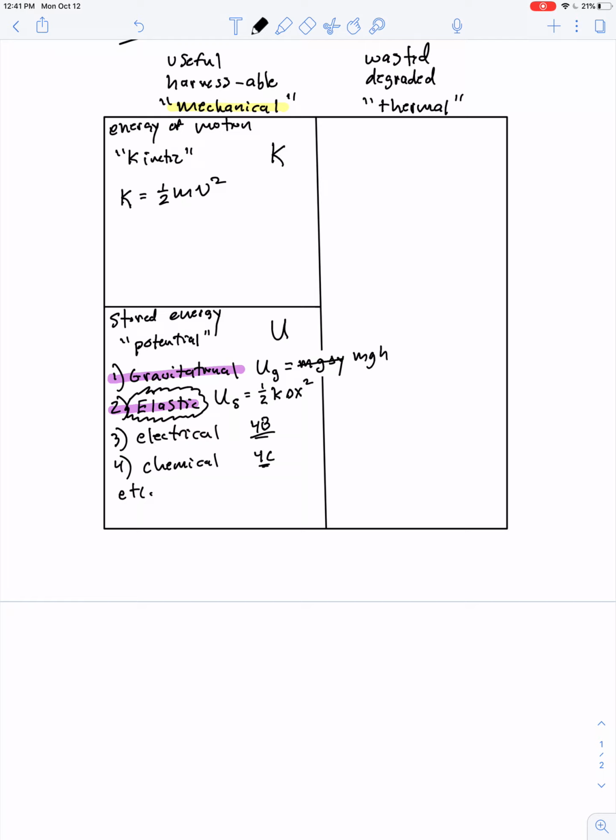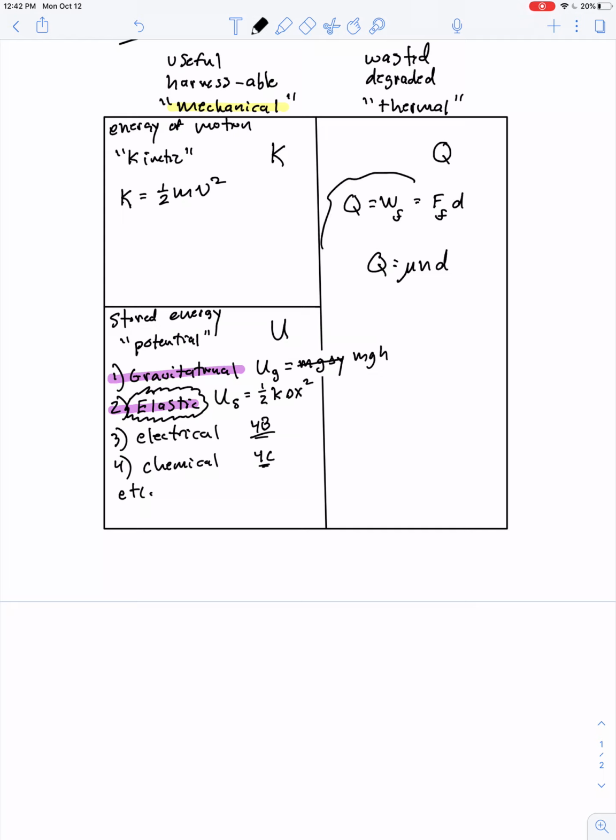Thermal energy, the symbol we give to this wasted energy, we'll call it capital Q. In most cases, we won't have a formula to calculate it unless it was thermal energy produced by force of friction. Then the Q value is simply equal to work done by friction, which would be equal to force of friction times displacement, which would be mu times normal force times displacement.